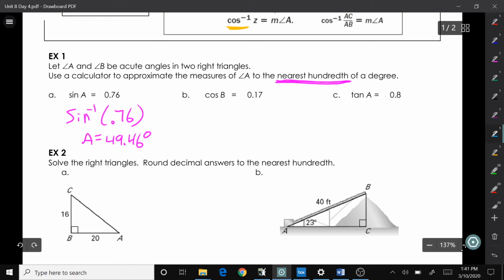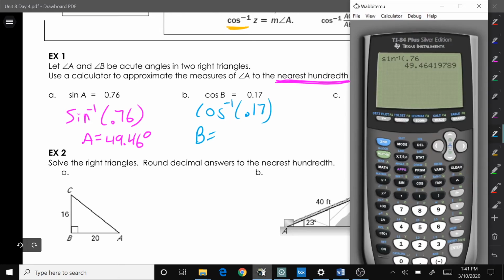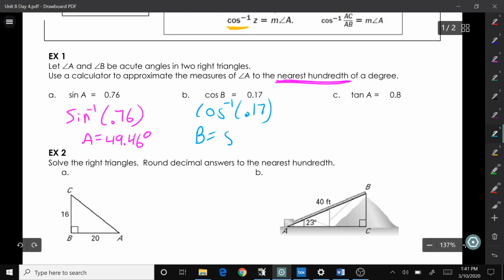Example B says the cosine of B is 0.17, so we need to do the inverse cosine of 0.17, and B will equal inverse cosine of 0.17. We get 80.21 degrees. You see that this isn't really too bad once you get down to this step.